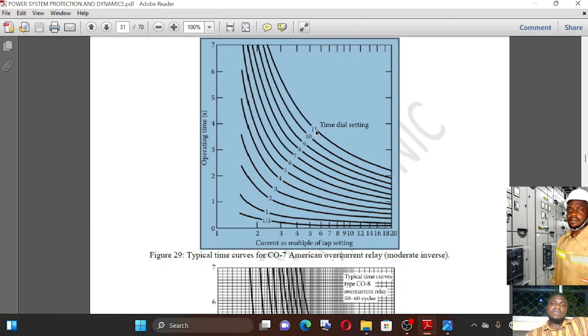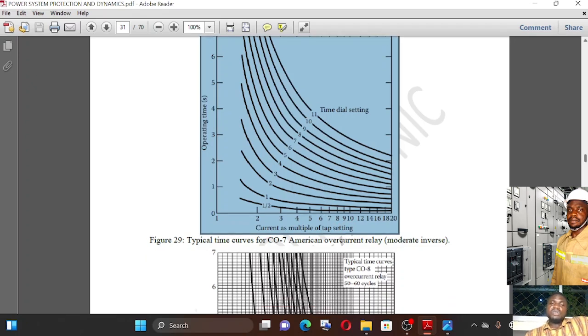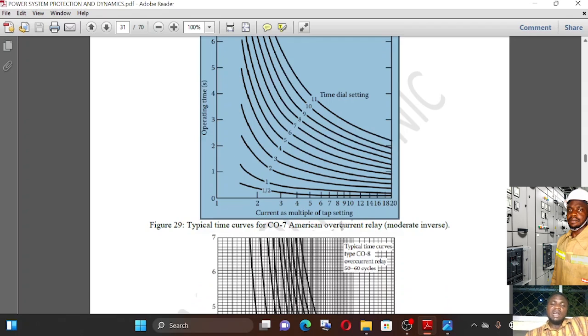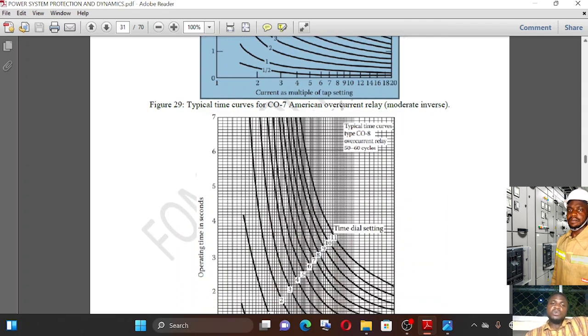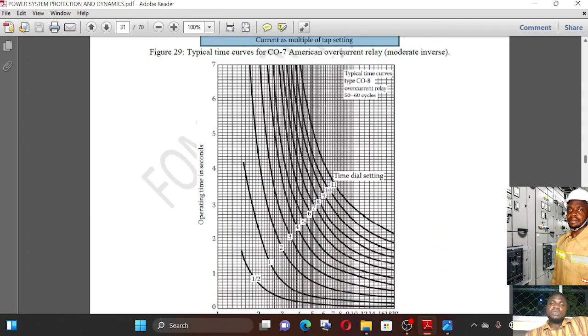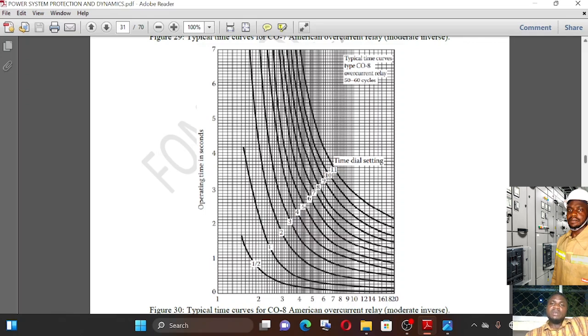You can use any of these time dials and with respect to that, the operating time can be defined, and the multiples of the tap setting or plug setting on the vertical axis. So with respect to this, you can deduce one parameter if you have the other. Even while doing some calculations, these curves will help you to get the other parameters effectively.